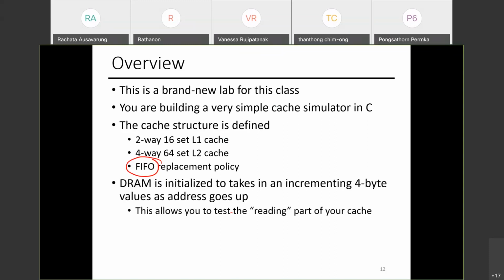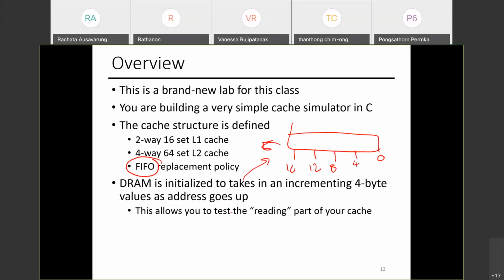To simplify things and allow you to debug your program, I have another function in the startup code to initialize your DRAM. Basically, when you have read accesses to the cache, DRAM is pre-initialized. This is how it works. If you look at DRAM, this is address 0, address 4, address 8, address 12, with addresses incrementing that way.